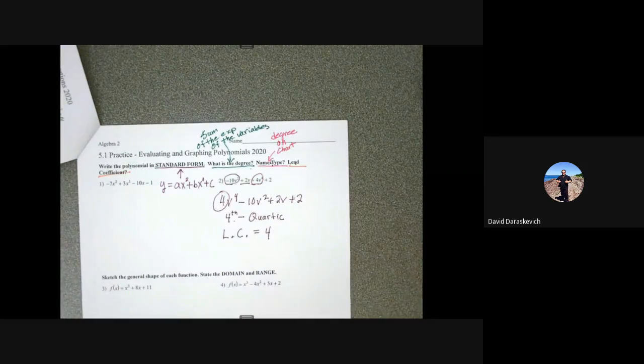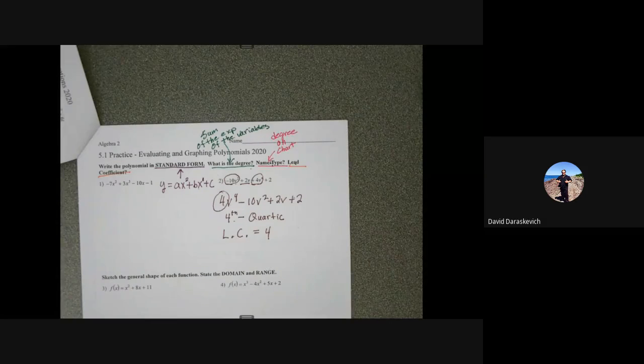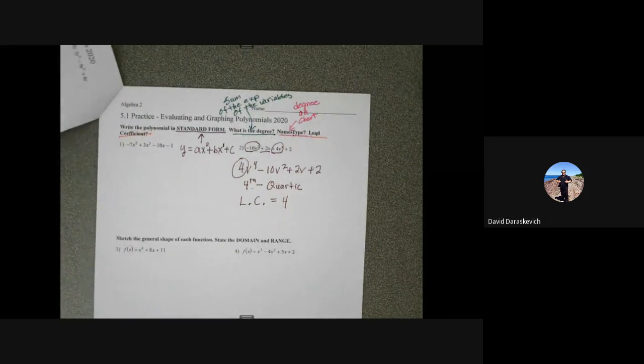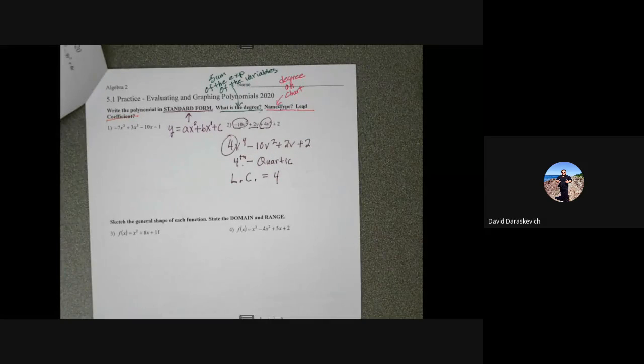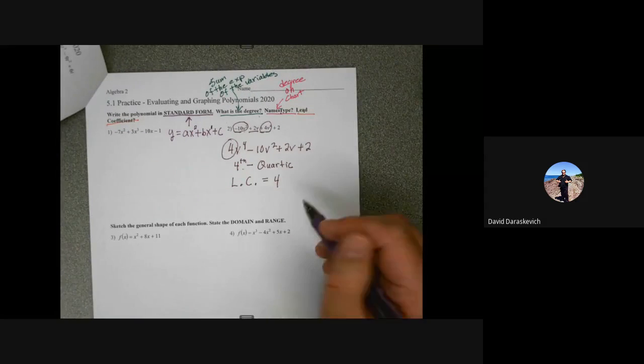So lead coefficient is 4. Questions on that? Now, as far as sketching it, the best thing to do here, put it in your calculator.